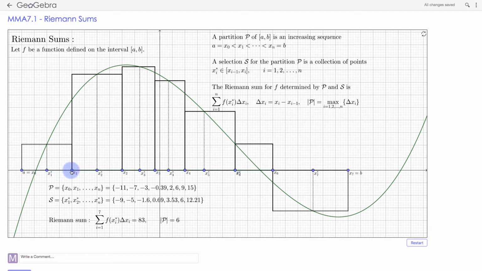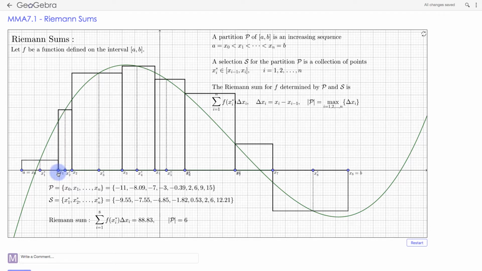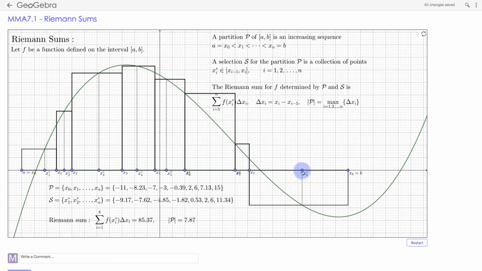And had all the functional values been positive, this would be an approximation of the area between the graph and the x-axis. So this Riemann sum is an approximation of what we have so far called the integral of this.